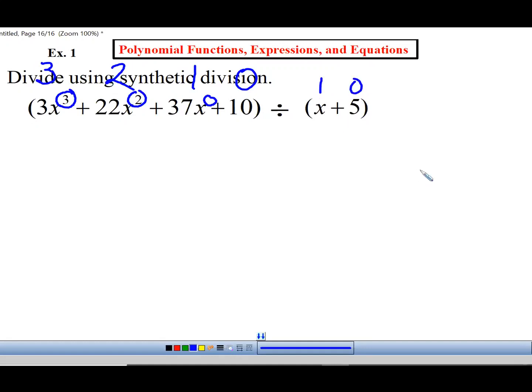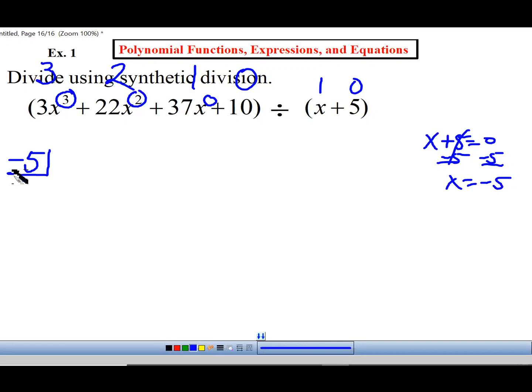Anything missing? No. From there, to get started, I take my divisor, which is x plus 5, and set it equal to 0. Solve for x. X equals -5, and that's the number I start with for my synthetic division. That's going to be my divisor.